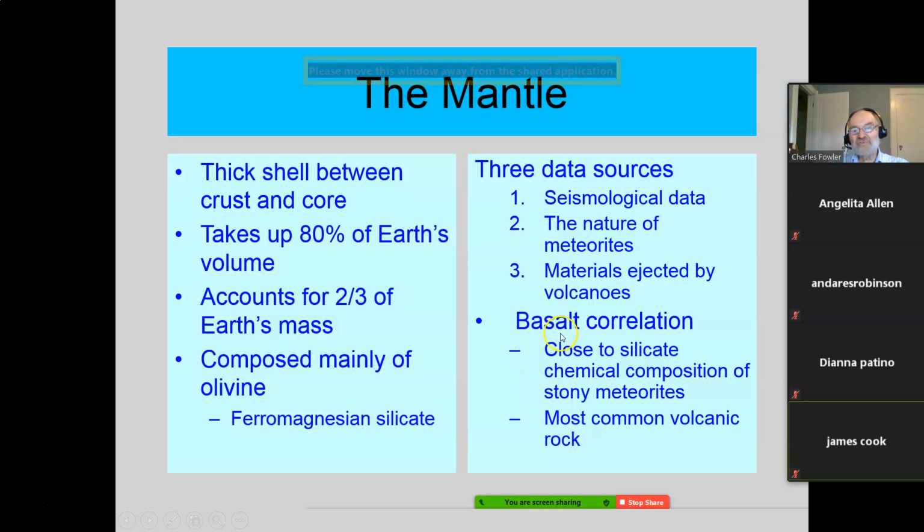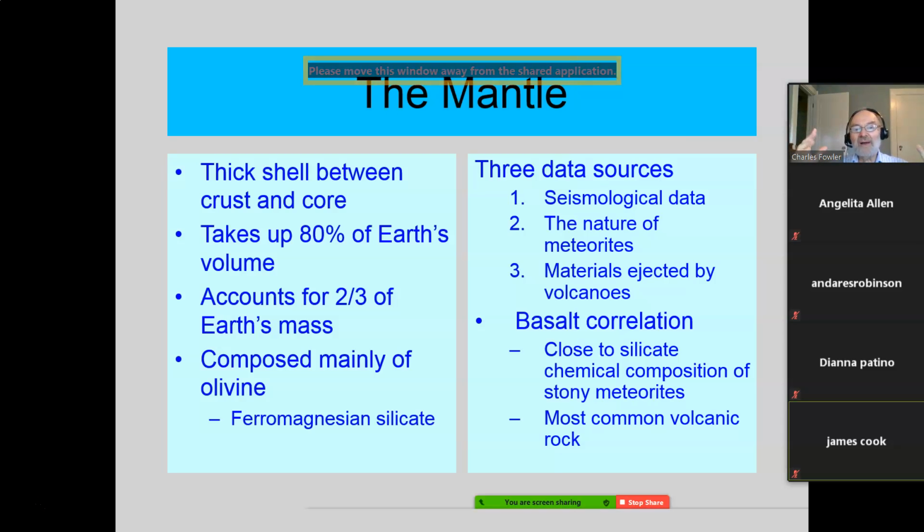Why? What makes them basalts is the fact they're molten here, right? Coming up through that, that's what volcanoes, materials ejected, were. Now, time out. Volcanoes throw out solid pieces as well as magma and lava.